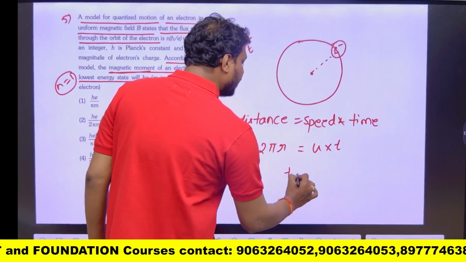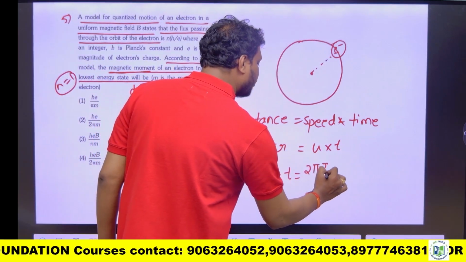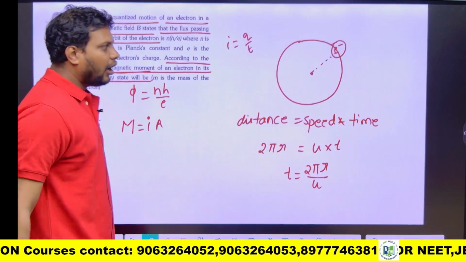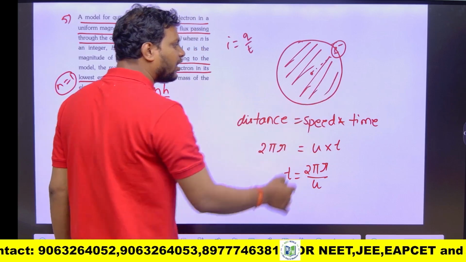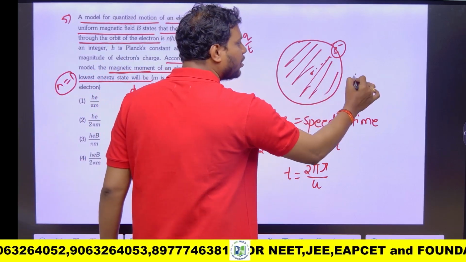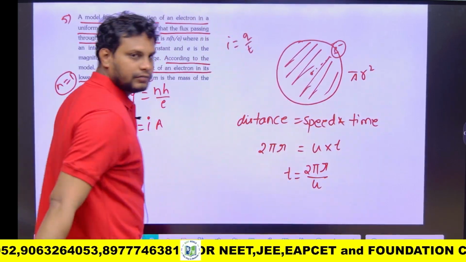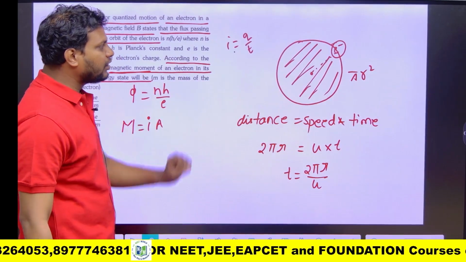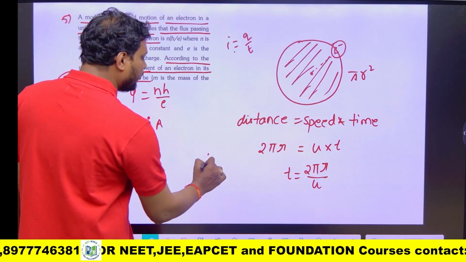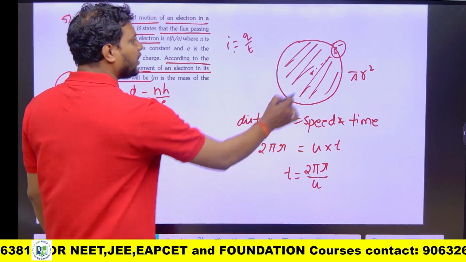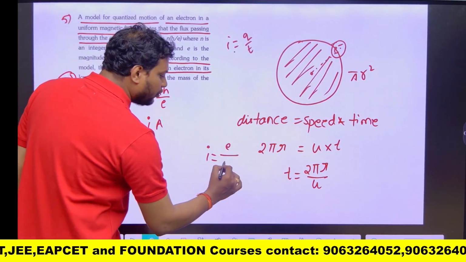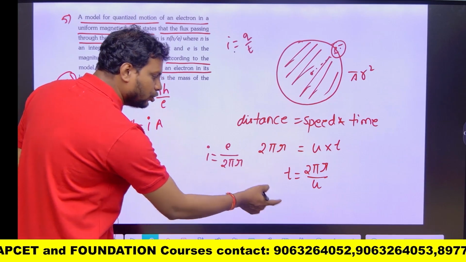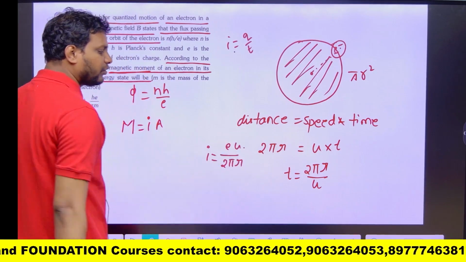Then time period T is equal to 2 pi r by u. The area associated with this electron orbit is pi r square. Now if I substitute this in the equation of current, I is equal to electron charge E divided by T, which is 2 pi r by u, so u goes to the numerator. So this is the current.